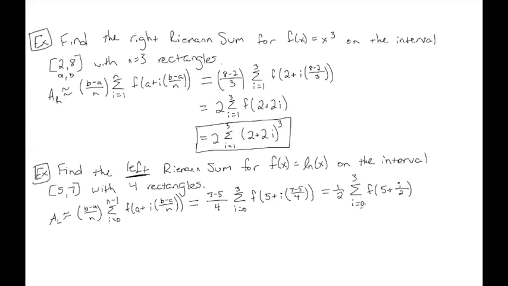Right? Okay, so I get 1/2 times the sum i equals 0 to 3 of this thing plugged into ln of x: ln of 5 plus i over 2.